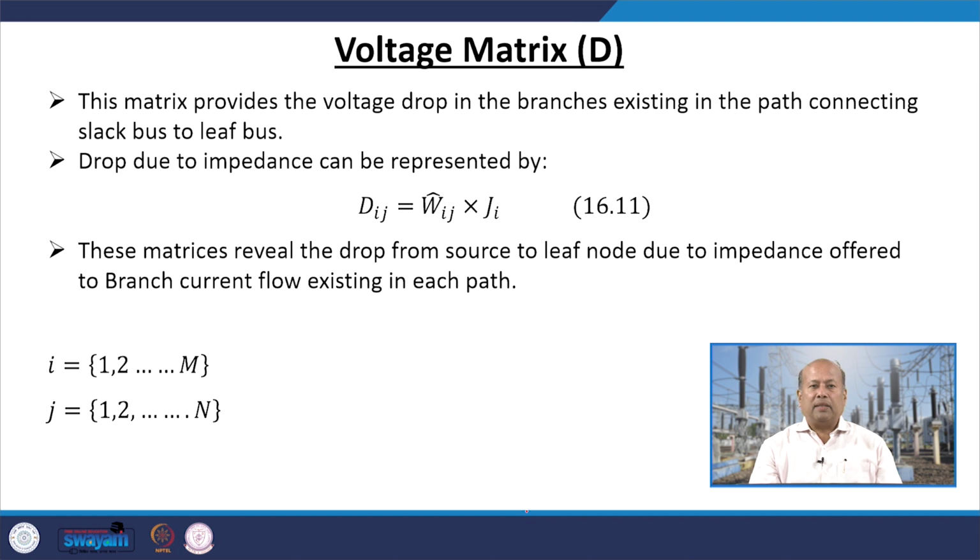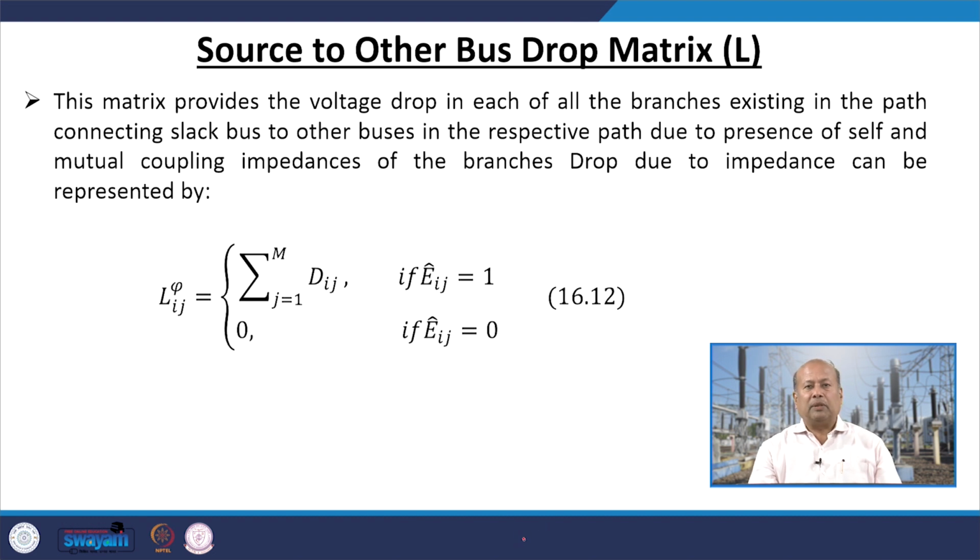Then voltage matrix D: this matrix provides the voltage drop in branches existing in the path connecting slack bus to leaf bus. Drop due to impedance can be represented by Dij, which is equal to Wij into Ji. The matrix reveals the drop from source to leaf node due to impedance offered to branch current flow existing in each path. Source to other bus drop matrix L, which is a very interesting matrix.